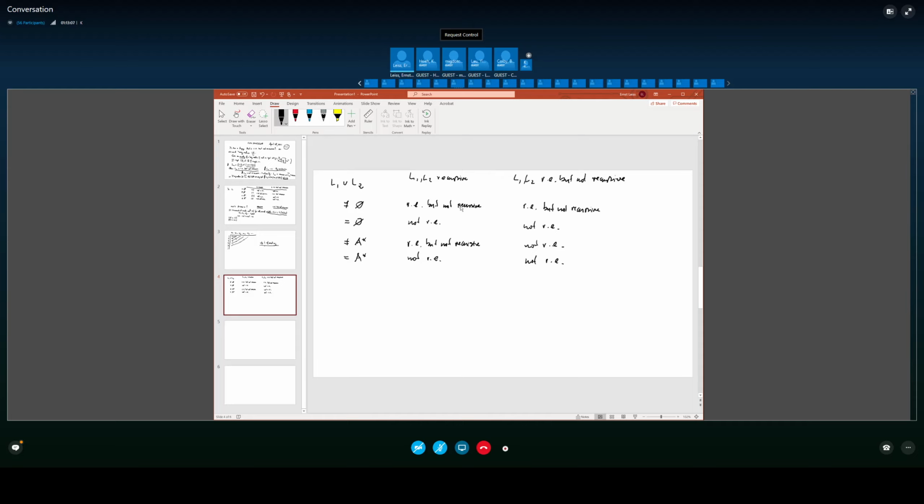This is RE but not recursive, and obviously if we want to know whether this is empty, then that's not going to be doable. So that basically is all I wanted to say about decision problems, undecidability, and the kinds of problems that you can derive answers to.